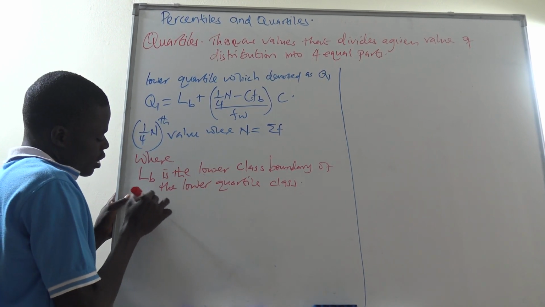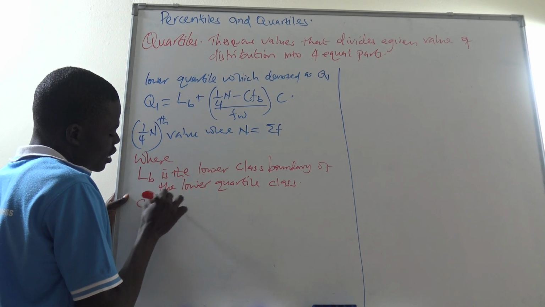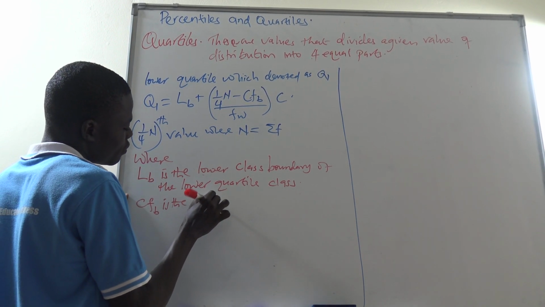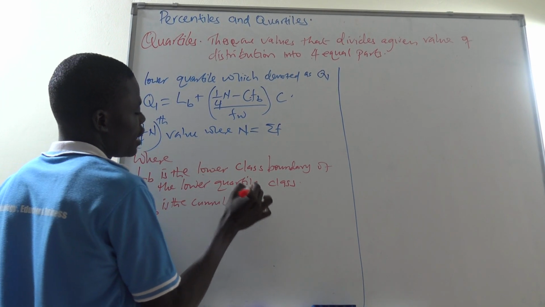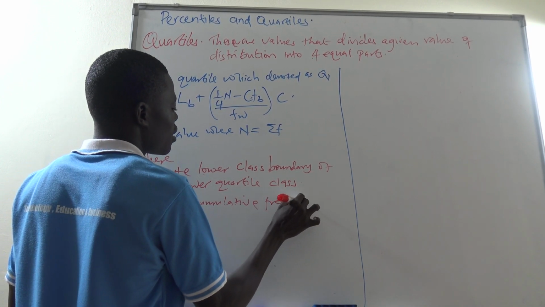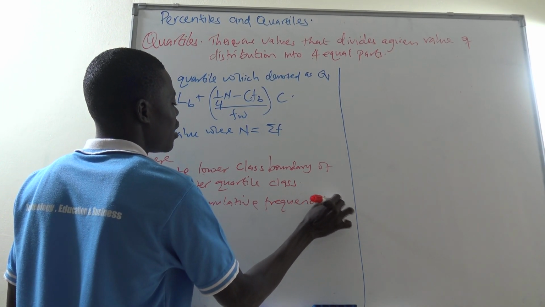Then CFB is the cumulative frequency before.